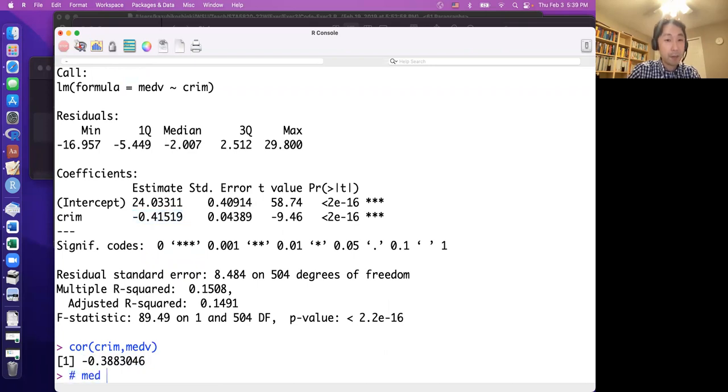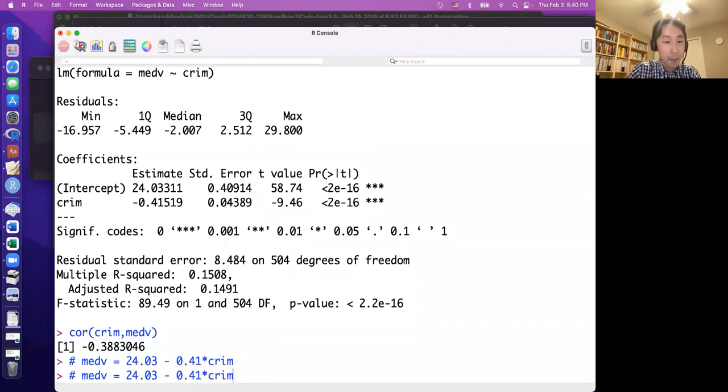So median house price is basically 24.03 minus 0.41 times crime rate. And remember that the negative 0.41 is the correlation multiplied by the standard deviation of median house value divided by the standard deviation of crime rate.